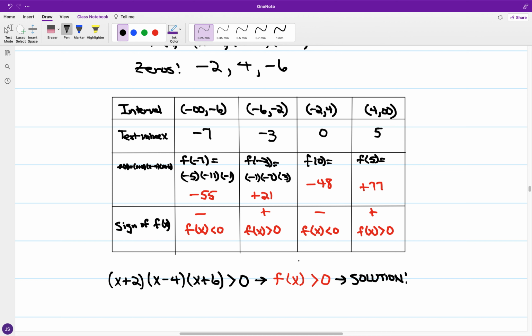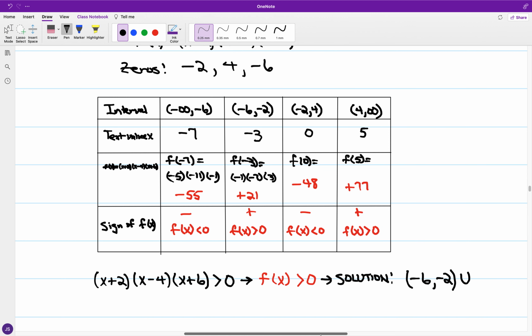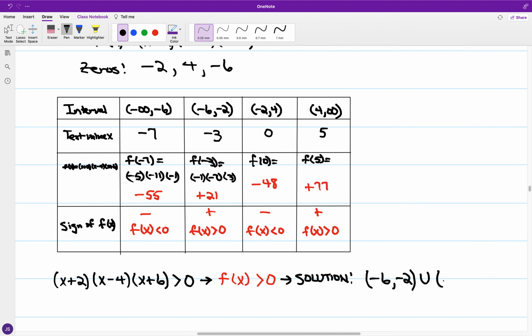So for the interval solution, with the second and the fourth, it's those values of x such that negative 6 is less than x is less than negative 2, along with those values of x such that x is greater than 4. And so this will be your interval solution, where you have the union of these two.